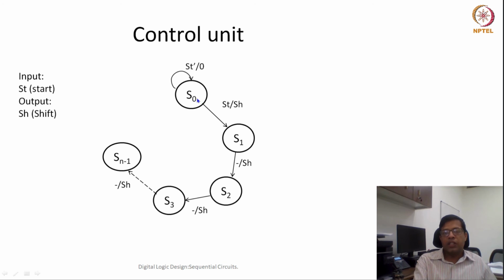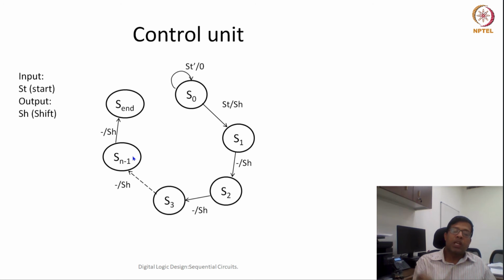Here bit number 0 was calculated, here bit number 1, here bit number 2, up to bit number n-2. So one more bit needs to be calculated. So this is my bit n-1, the last bit where it would be computed. So here I would say that this is the last step, where all the computation has been done, 0 to n-1, all the bits have been computed.